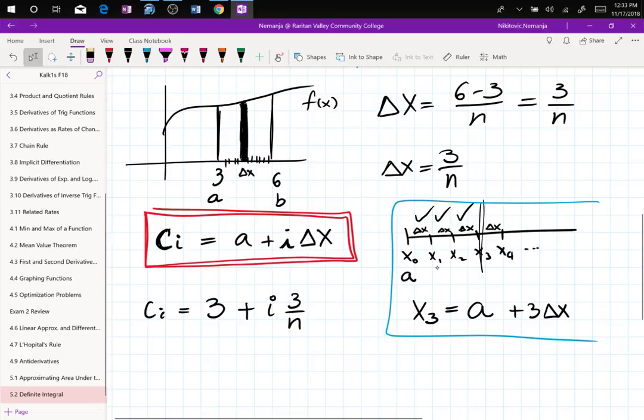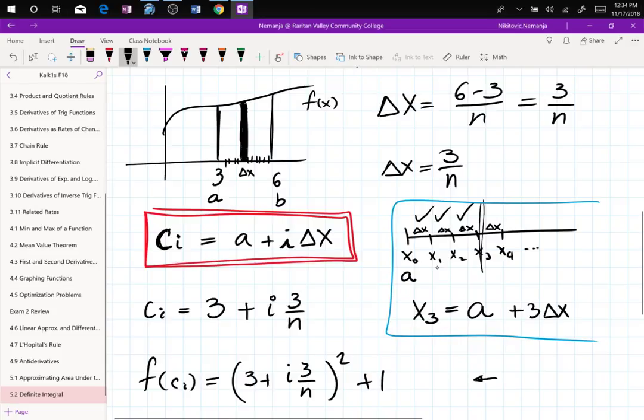Now when I look at my formula, I need f of c_i. Okay. Well, my function was x squared plus 1, so f of c_i is 3 plus i times 3 over n, squared, plus 1. I am plugging in c_i.